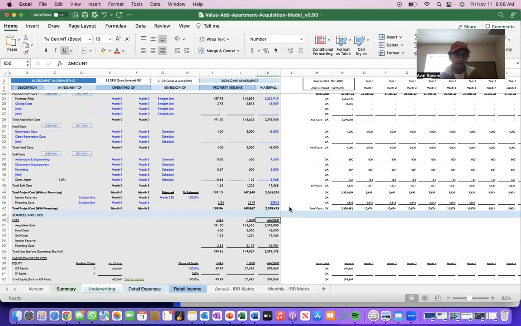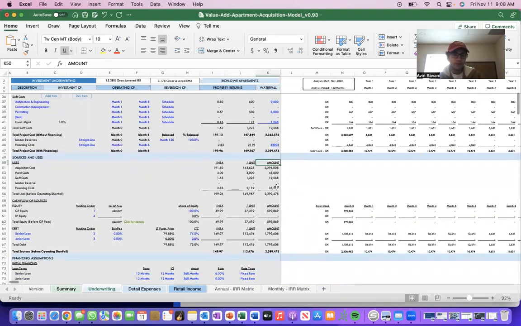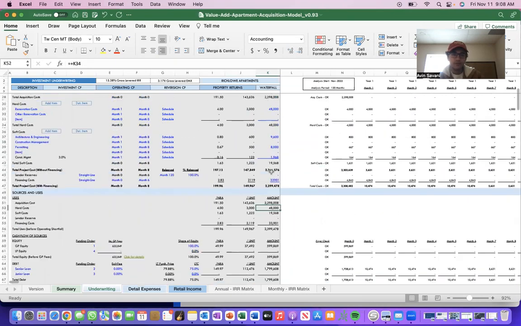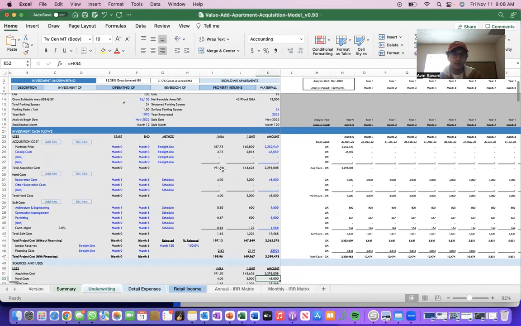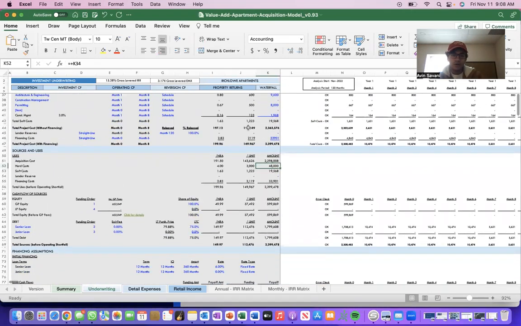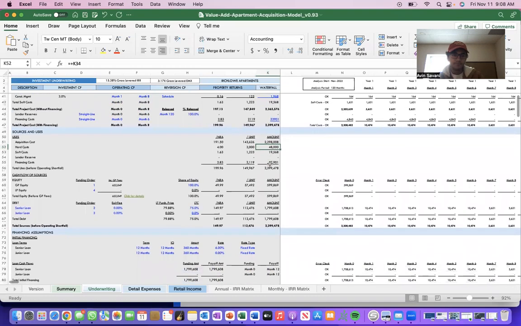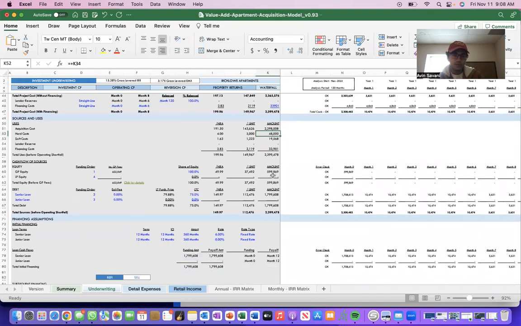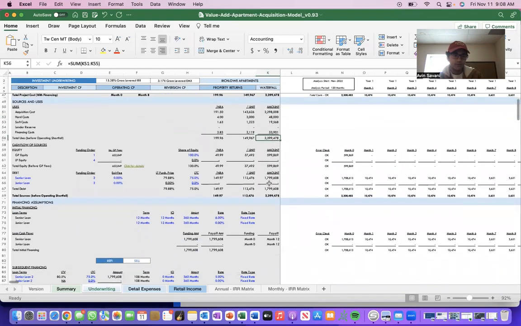And then here we go as a breakdown of the sources and uses of the funds. And it's also cool because you can see this as a percentage of the net rentable area and per unit as well. So that's pretty cool. And then as we work down here, you'll see what the total uses are and then what the total sources are.